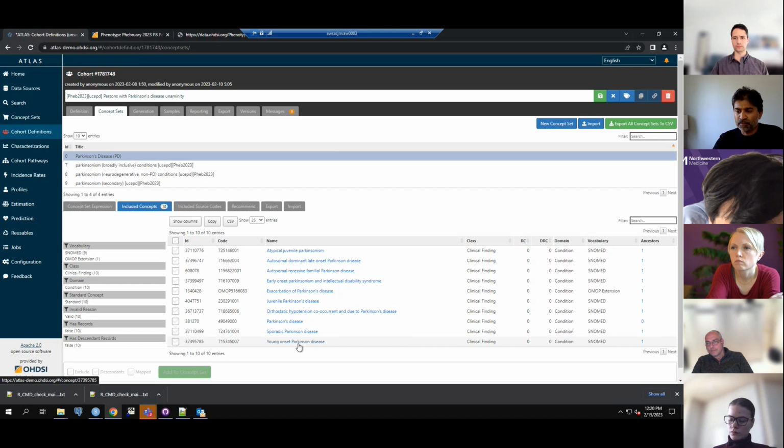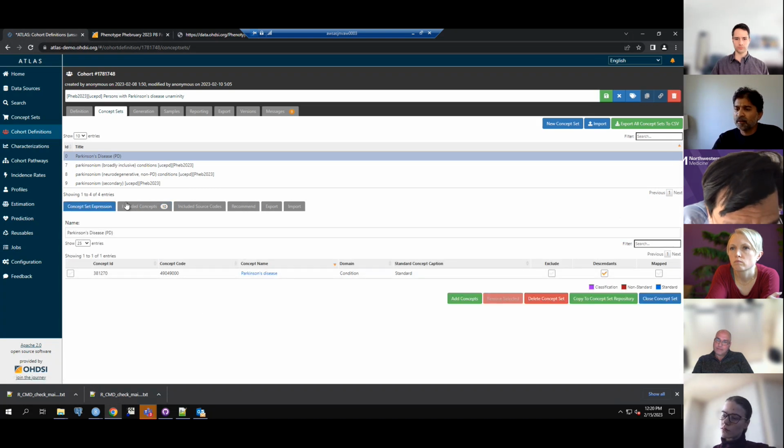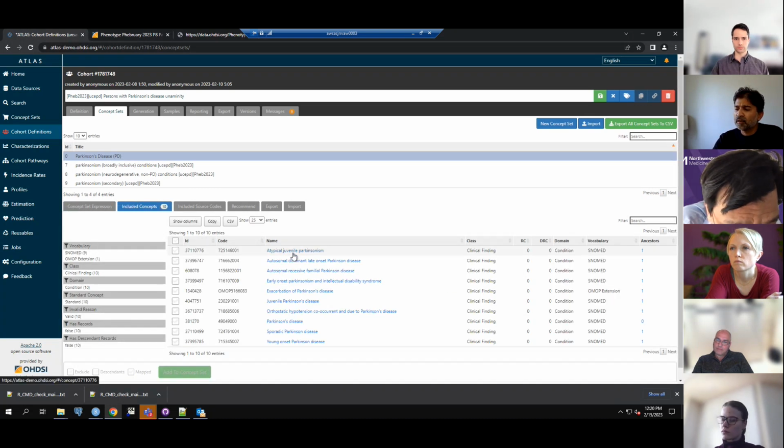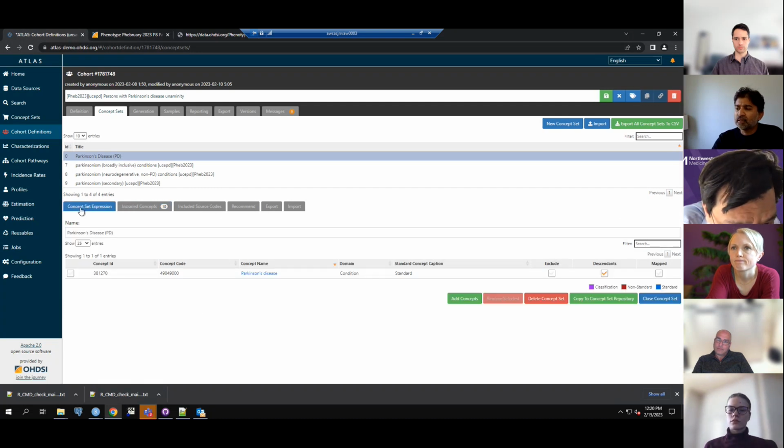Do you not want these, or do you want these? No, I wanted all of them. The only one that may not fit is maybe that first atypical one, but I think it's so rarely used. I don't mind it being there. If you're going to keep coding that, I think that's an acceptable error. But yes, I did review.